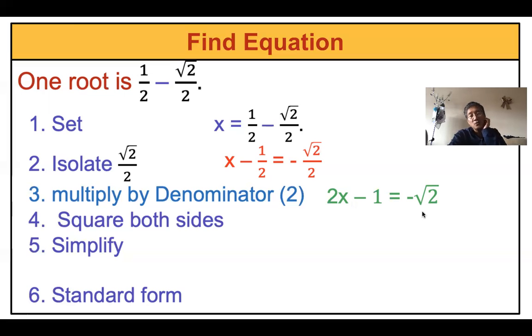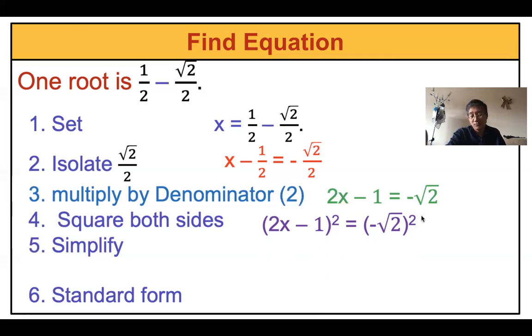Now we need to remove the square root. How do you remove it? Same method: we square both sides. When you remove the imaginary number, you also square it, because i squared becomes negative 1. Now when you remove the square root, you also square it. Then you have 2x minus 1 squared equals negative square root of 2, put in parentheses and squared.